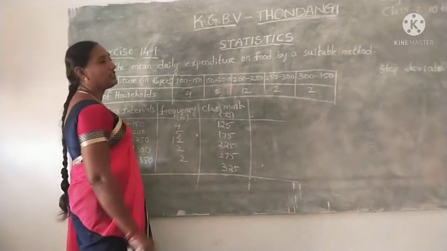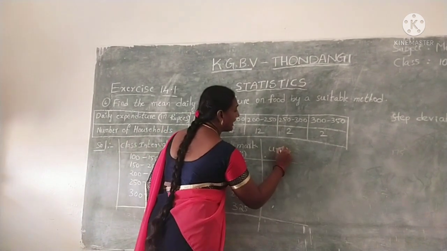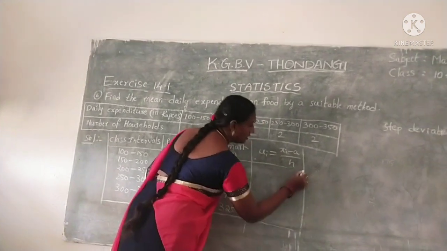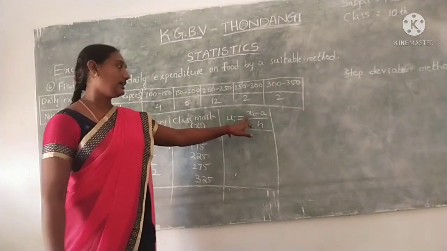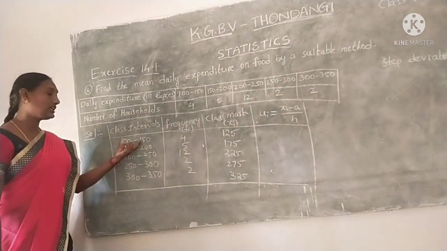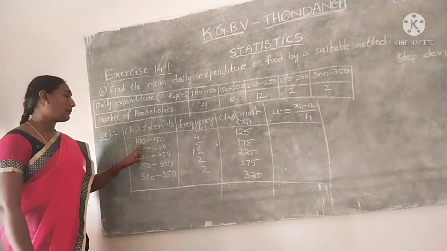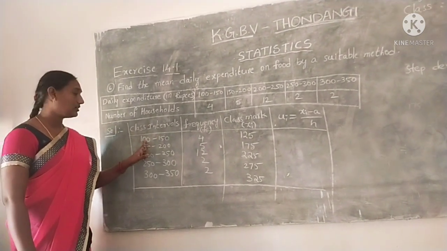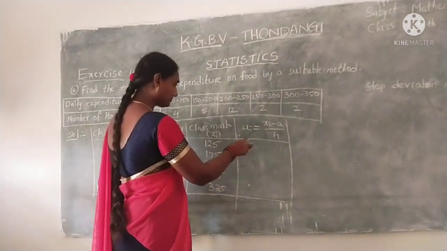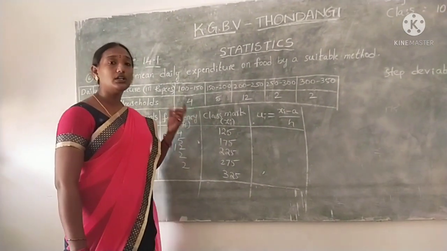In the step deviation method, what is the next column? That means ui. ui means (xi minus a) by h. Here xi means class mark, and h means the size of the class interval, that is the difference between the upper class limit and the lower class limit. What is the value of a? a means the assumed mean.